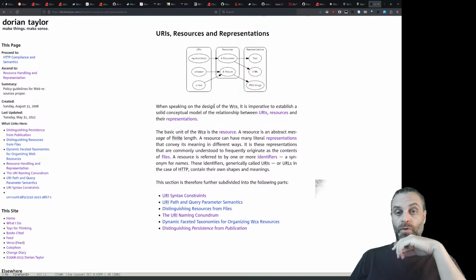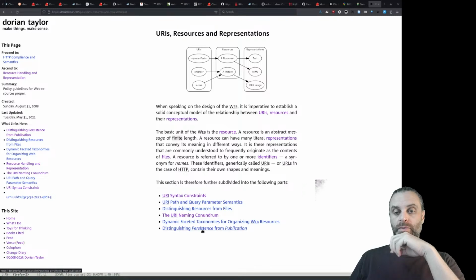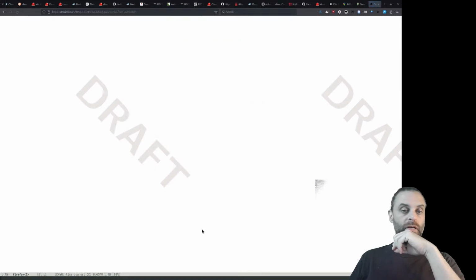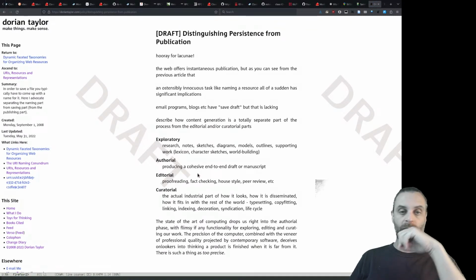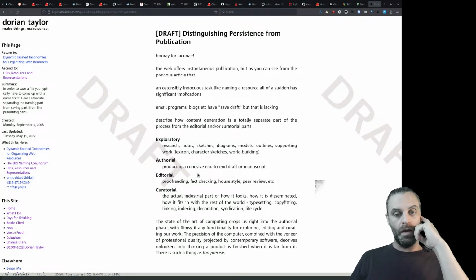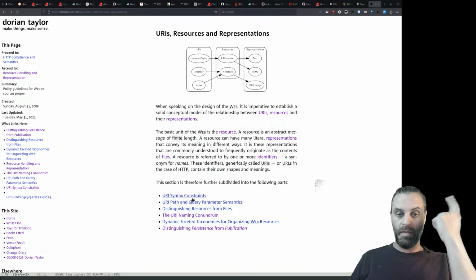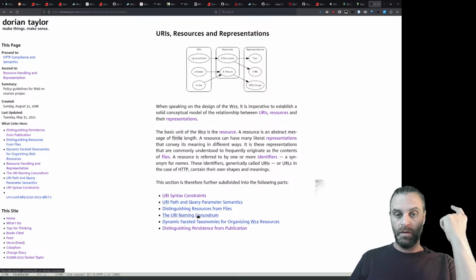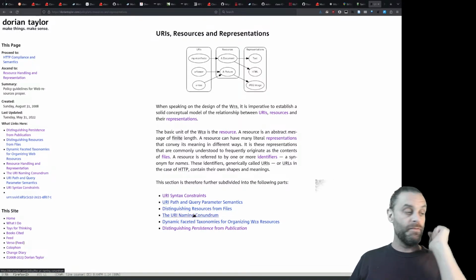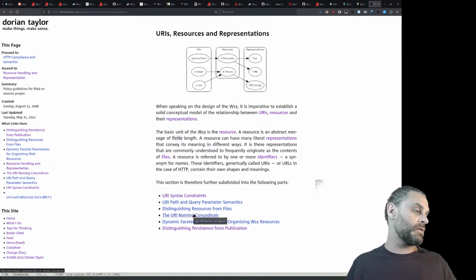So that's more than you can say for most. So it was 2009 that, so here it is, distinguishing persistence. I didn't even finish this. Distinguishing persistence from publication. But you can see that I've been thinking about this stuff for 15 freaking years. So 2008 is sort of when I came up with the URI stuff.